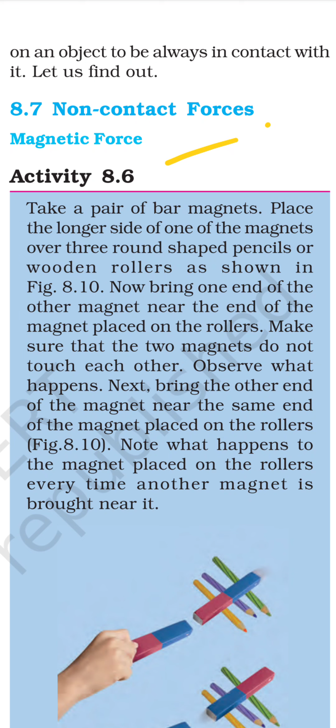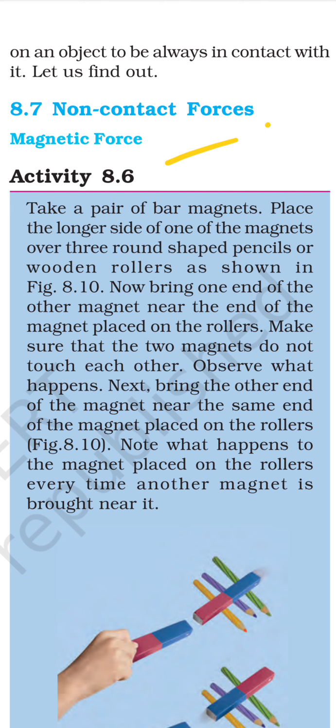Place the longer side of one of the magnets over three round shaped pencils or wooden rollers as shown in figure 8.10. Now, bring one end of the other magnet near the end of the magnet placed on the rollers. Make sure that the two magnets do not touch each other. Observe what happens.